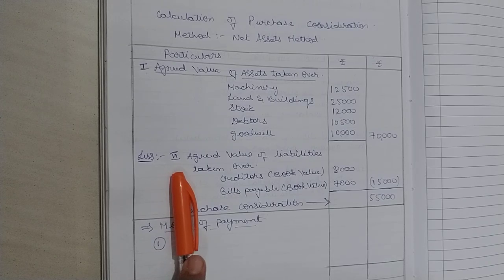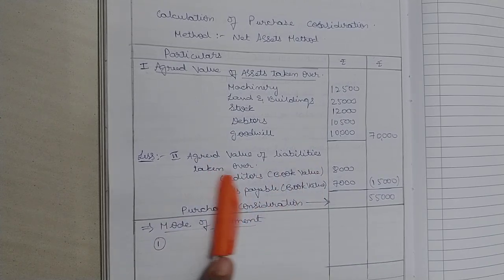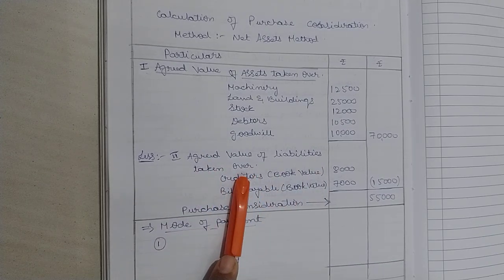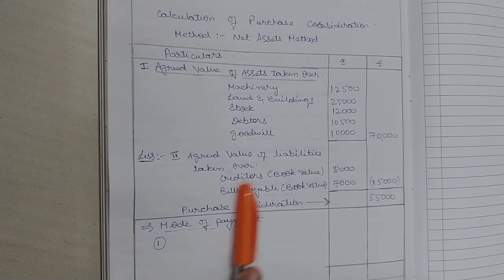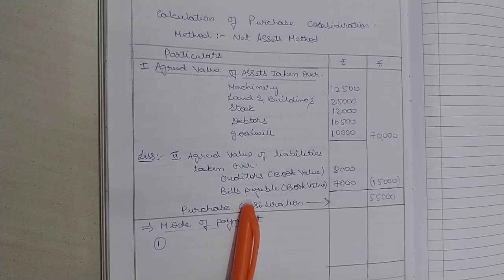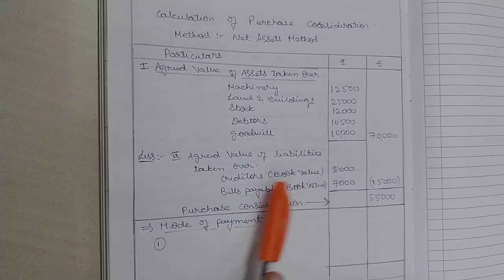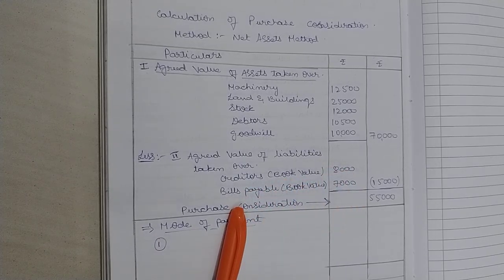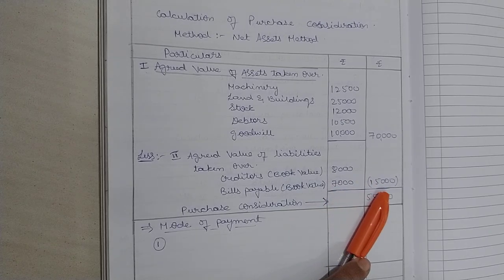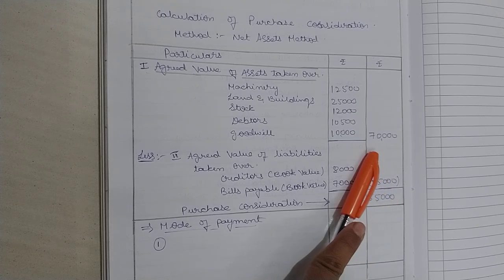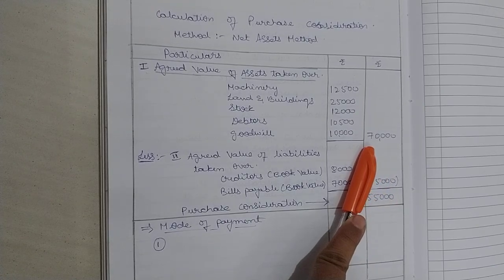The second step is to deduct the agreed value of liabilities taken over. So at what value did they agree? They have taken over the liabilities, that is creditors and bills payable, at book value itself. So creditors 8,000, bills payable 7,000. Total is 15,000. Now you have to deduct this from the agreed value of assets taken over.